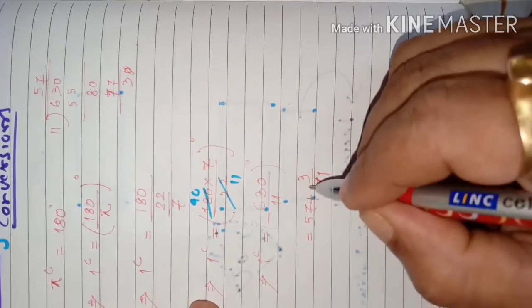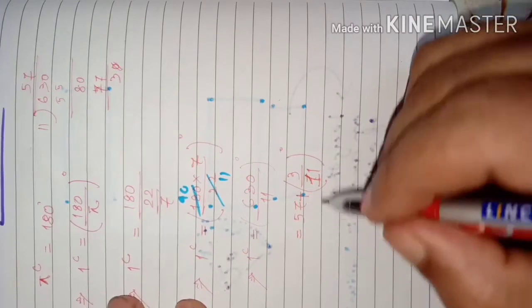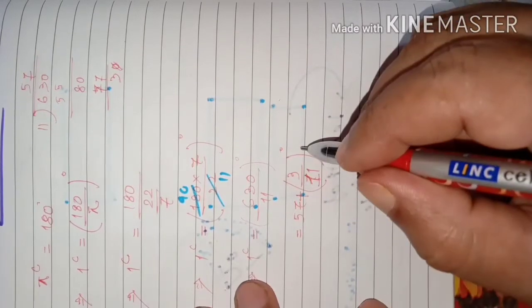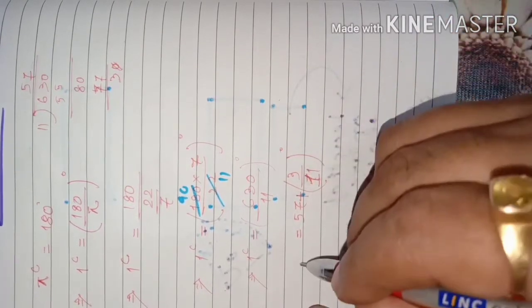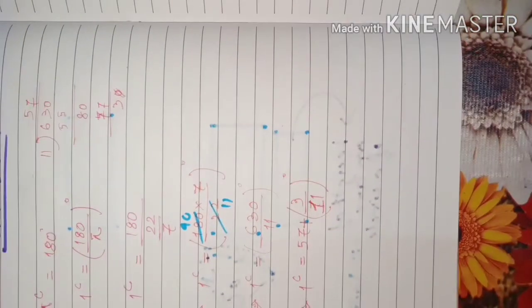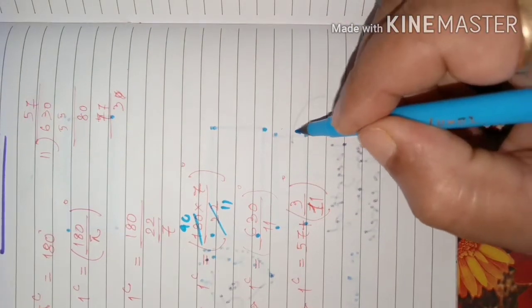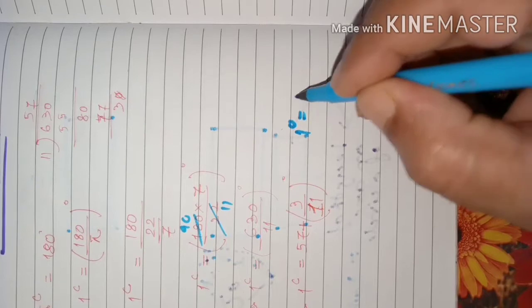Or you can say 57 plus 3 by 11 degree. Like this also can write, in mixed fraction. This degree, now if we convert into minutes again, no? Yesterday we talked about the minute and degree relation. 1 degree is equal to what? 60 minutes.